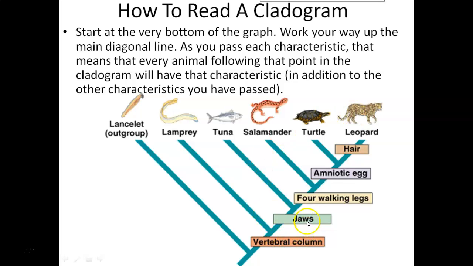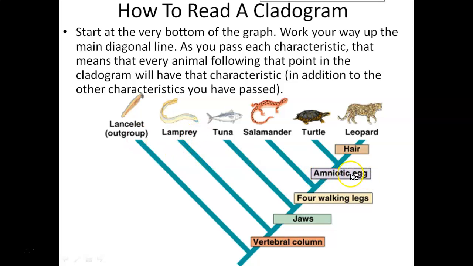The next characteristic we would pass, going up this diagonal line, would be jaws. So the lancelet and the lamprey don't actually have jaws, but the tuna, salamander, turtle, and leopard do. 4 walking legs would be our next one. Salamander, turtle, leopard do, the other 3 do not.